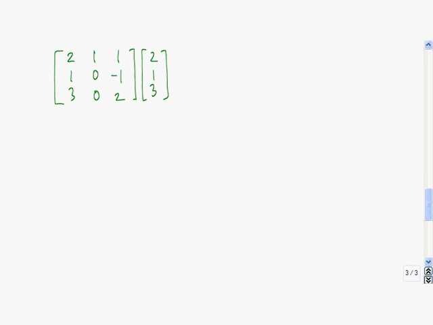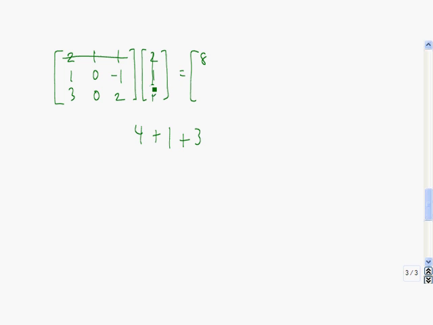Here's one more example for you to try. Press pause while you work on it. So the first entry here, we use the first row and this only column. So we have 2 times 2 is 4, plus 1 times 1, which is 1, plus 1 times 3, which is 3. So we have 7 plus 1, which is 8.